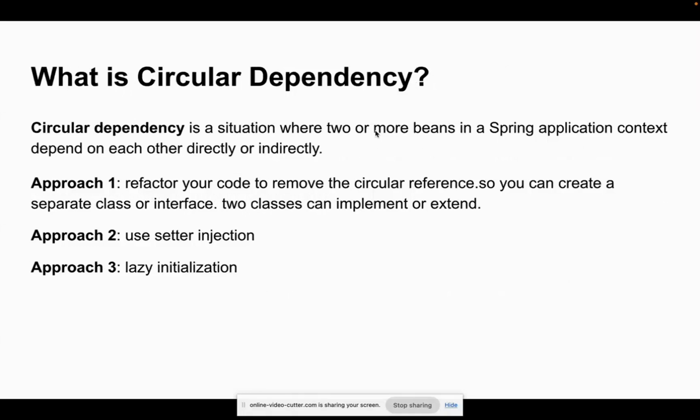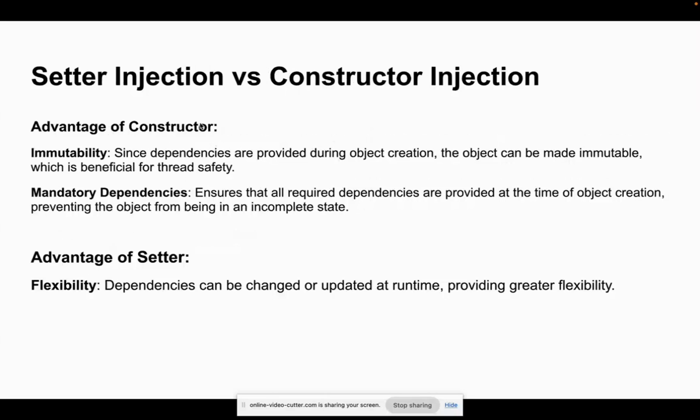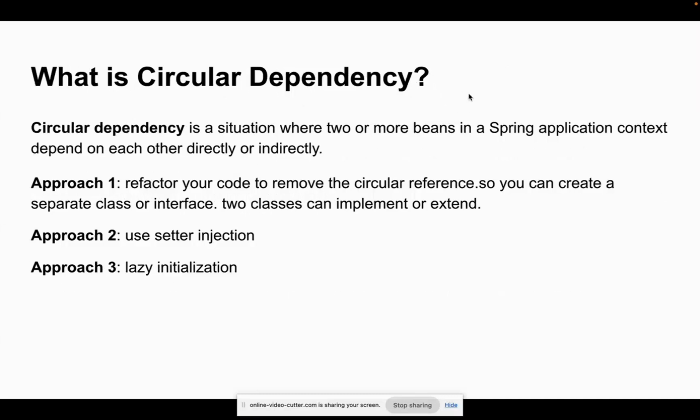Now, what is a circular dependency? Constructor injection can expose a circular dependency. A circular dependency is a situation where two or more beans in a Spring application depend on each other directly or indirectly.